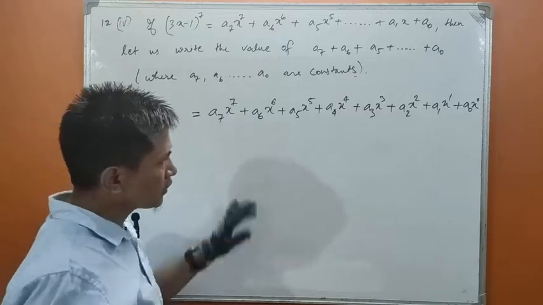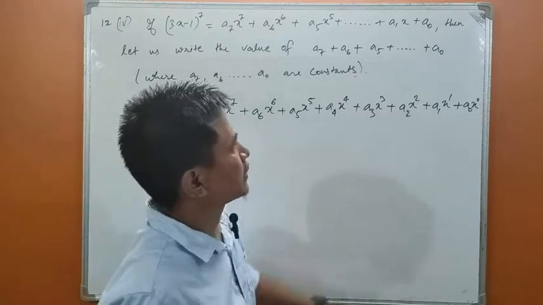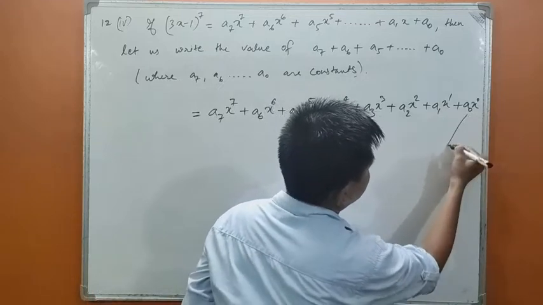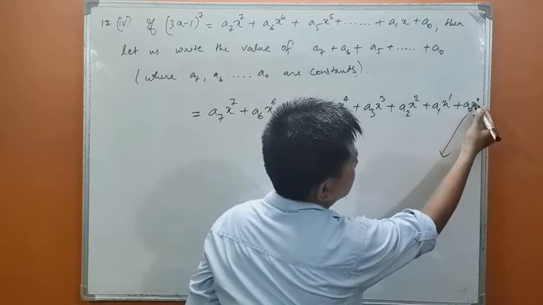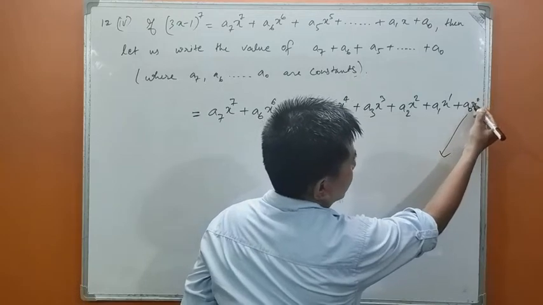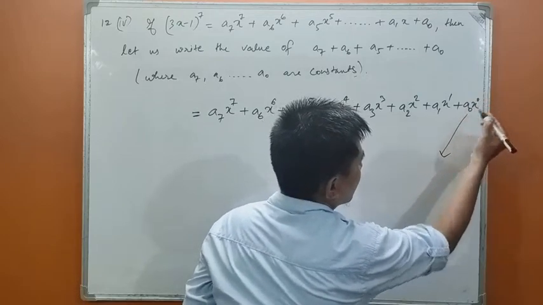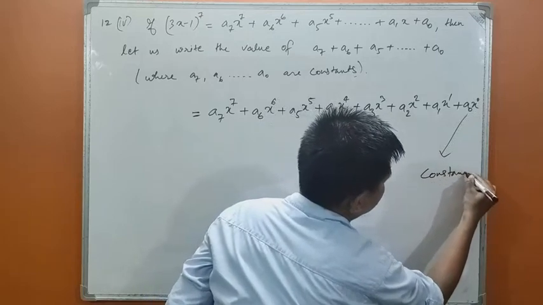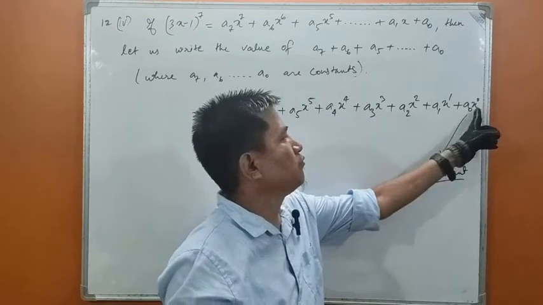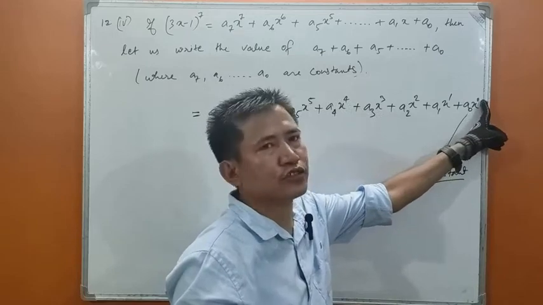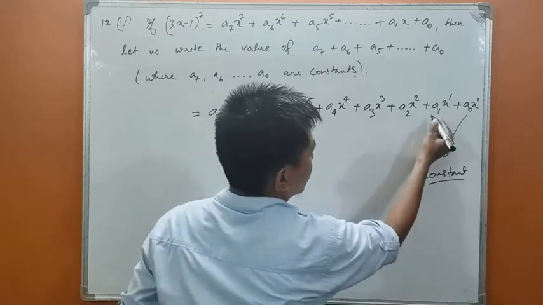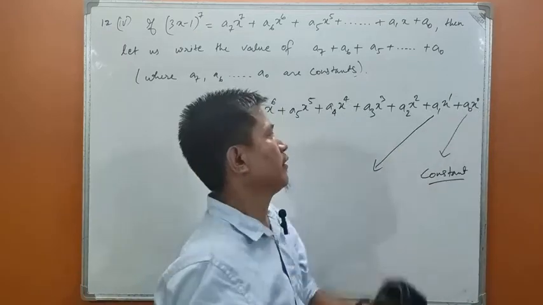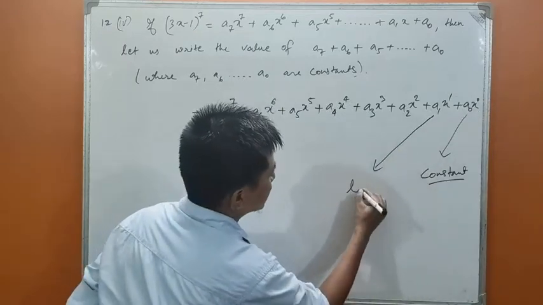Now, what I want to let you know is a few pieces of information. This term where the power of the variable is 0, x to the power 0, is called the constant term. The term whose power of variable is 1 is called the linear term.